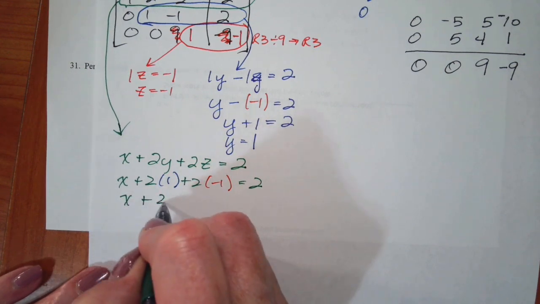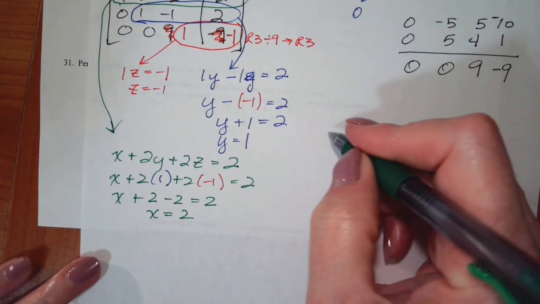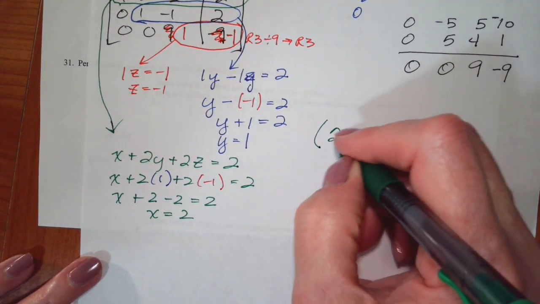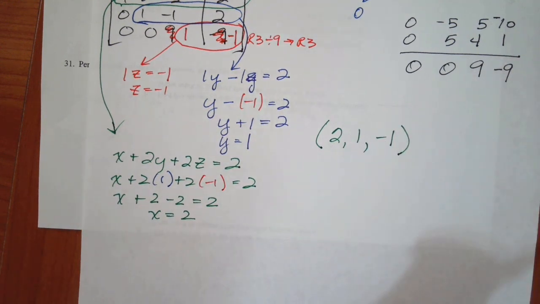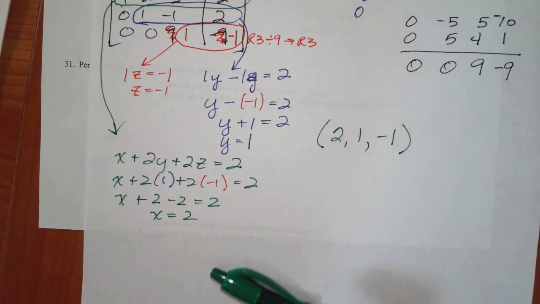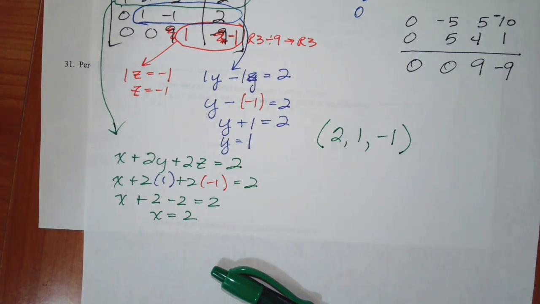So x plus 2 minus 2 is 2, so x is 2. So I have my ordered triple, 2, 1, negative 1. Okay, I'm going to quit there and we'll start a new video in a minute.